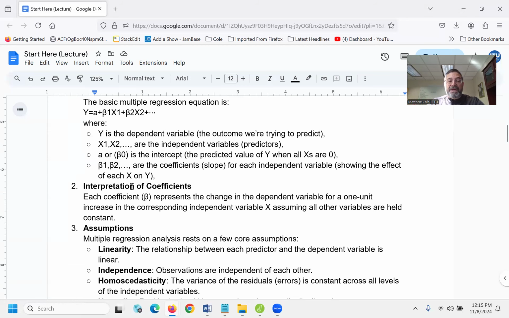So a reminder about these coefficients. Each coefficient, or beta, represents the change in the dependent variable for a 1-unit increase in the corresponding independent variable x, assuming all other variables are held constant.